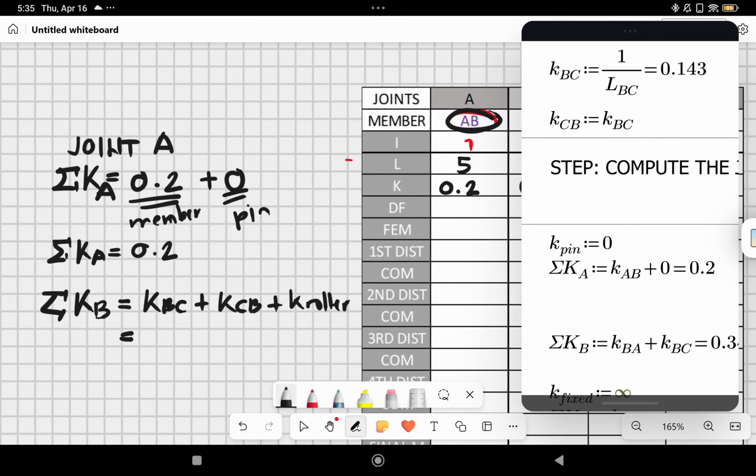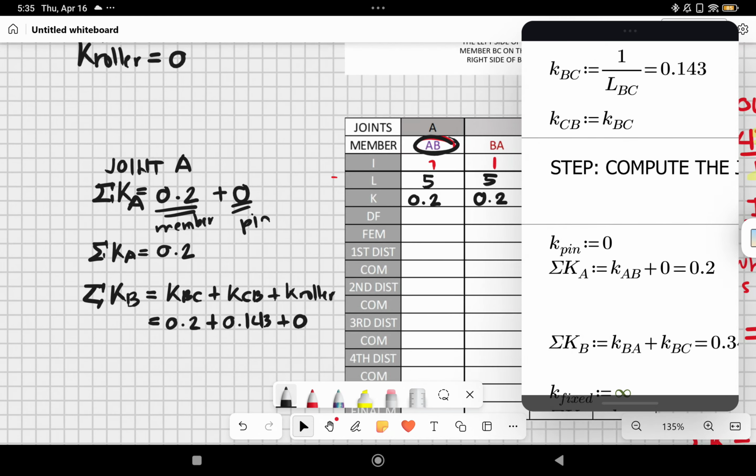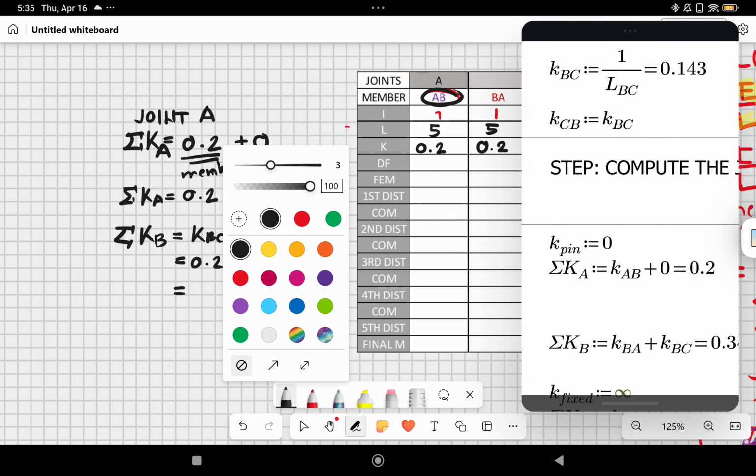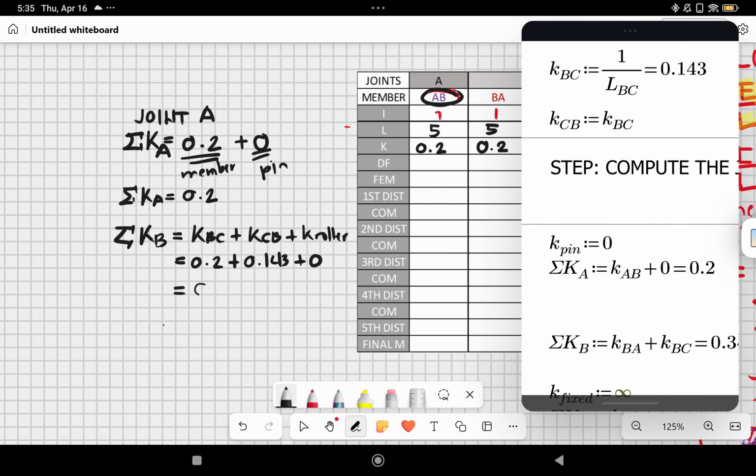KBC is 0.2, KCB is 0.143, the K of the roller is 0. So that is equal to 0.343.